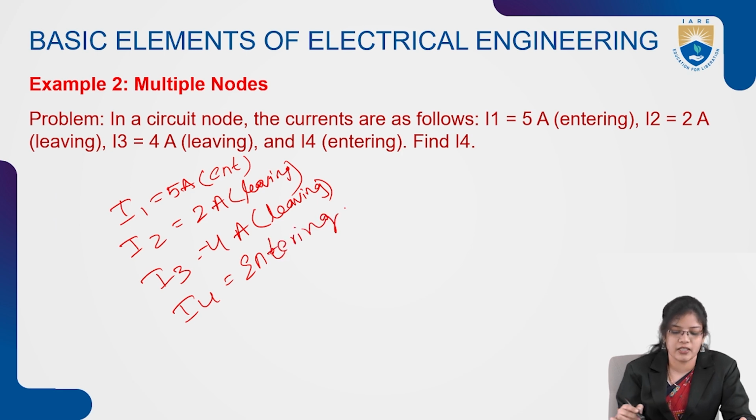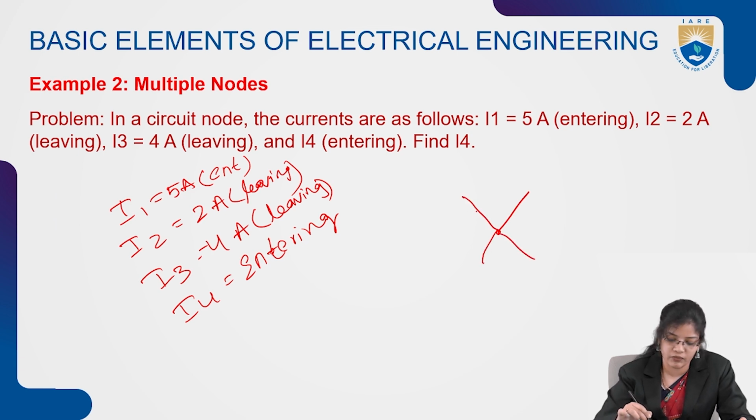So here, for a node, 4 elements are connected, which are denoted with I1, which is entering, I2, which is leaving, I3, which is also leaving, and I4, which is entering.